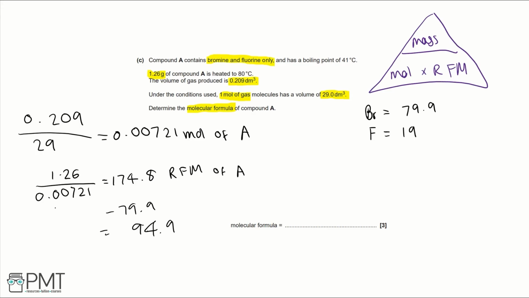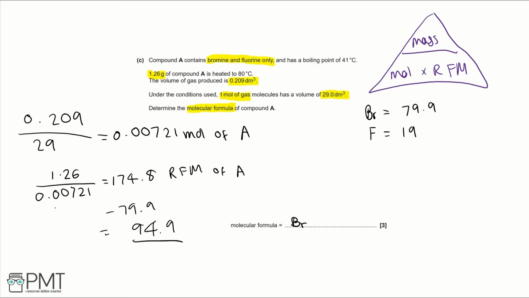If we minus 79.9 again, we would get 15, and 15 is too small, it's lower than 19, so it can't be that because we're told it has bromine and fluorine. So we know it's got 1 bromine because you can only minus 1 bromine.